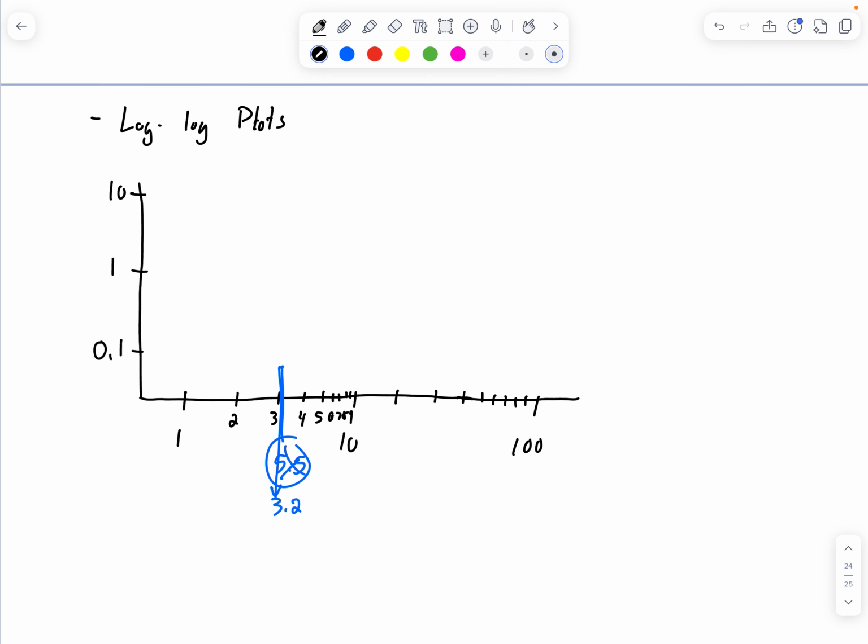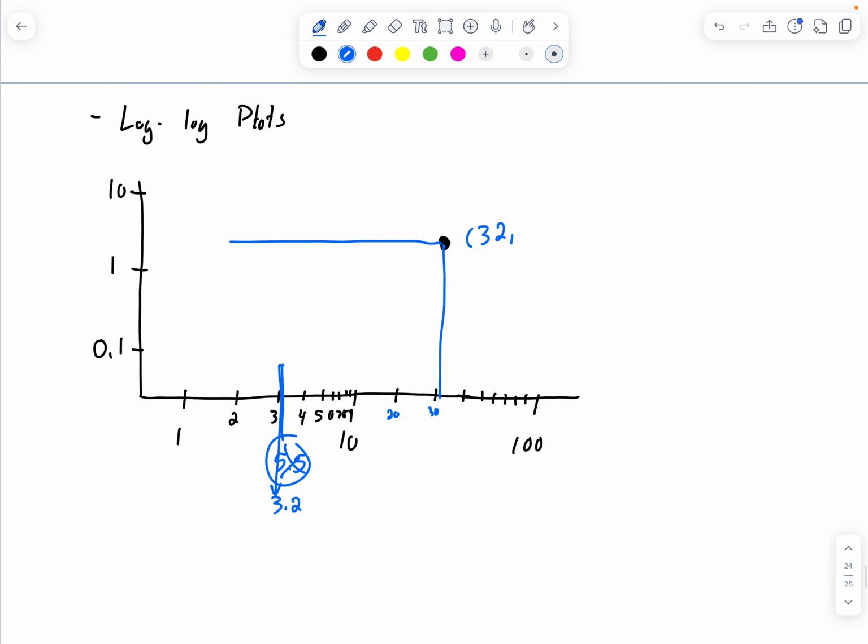And so if we have a point that's out here somewhere, we would have to read this by extending a line down here. This would be at, so we have 20, 30, this might be at around, say, 32, and then extending this line here, this might be at about 2. So our x and y point here would be about 32 and 2. And so that's how you would use a log-log plot.